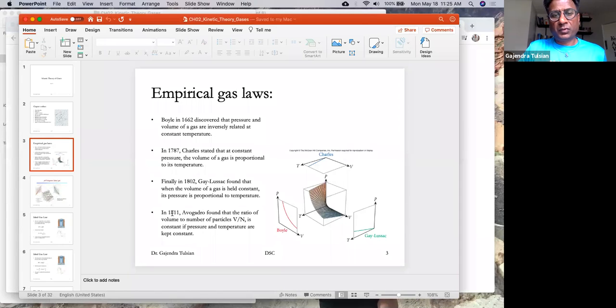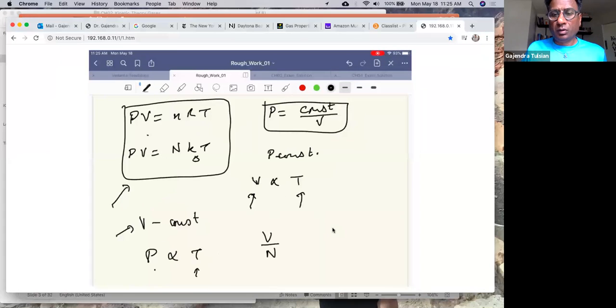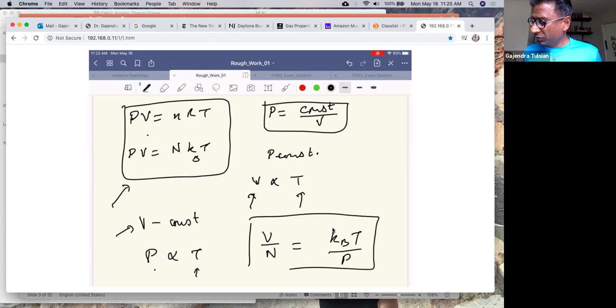Now, one last thing: in 1811, Avogadro found that the ratio of the volume to the number of particles is constant if the pressure and temperature are constant. So the last piece of the puzzle was that Avogadro found V over N is kT over P. This gives you the number density of molecules.